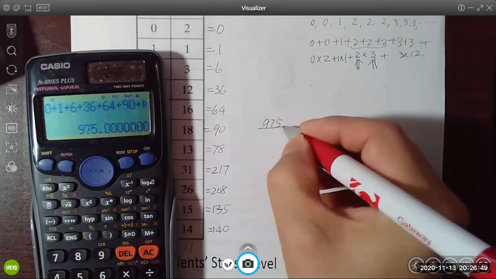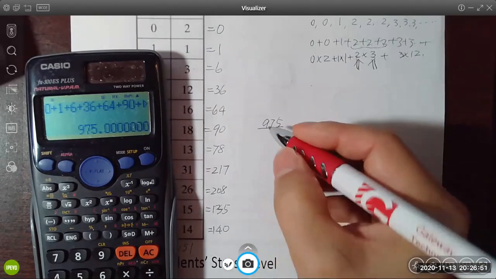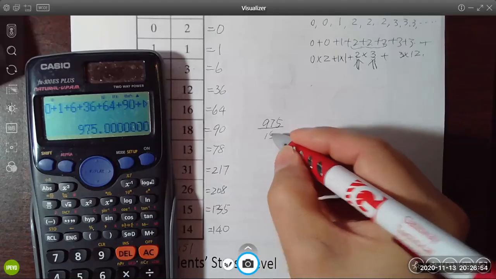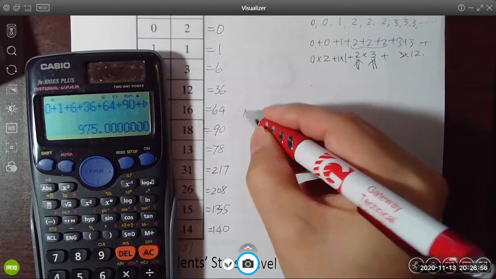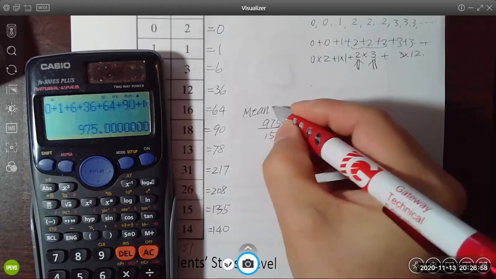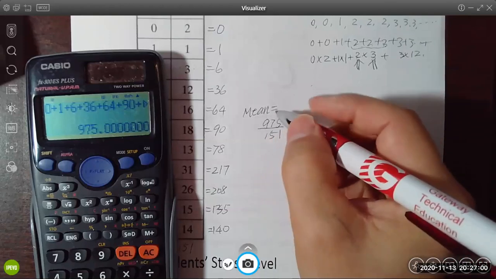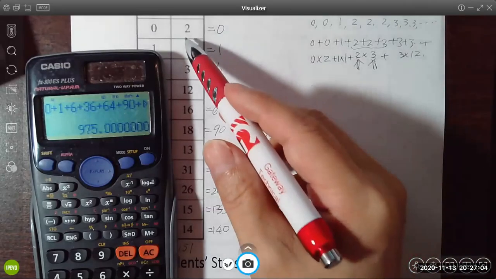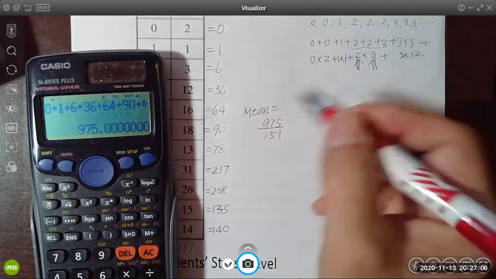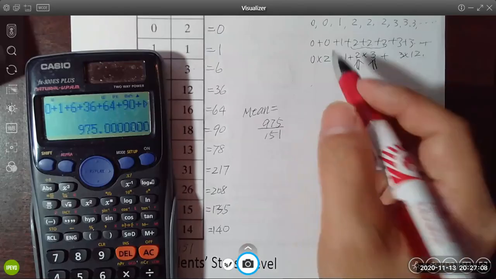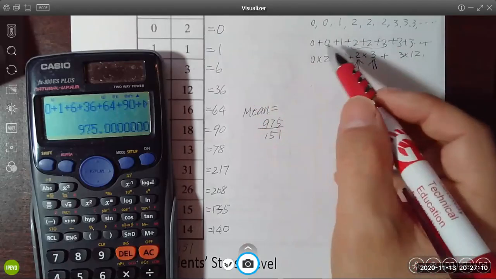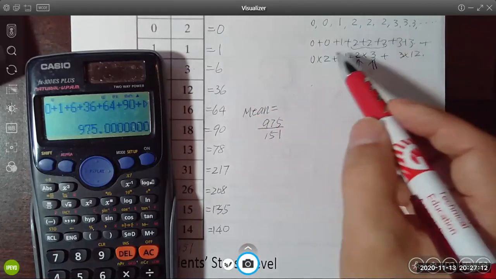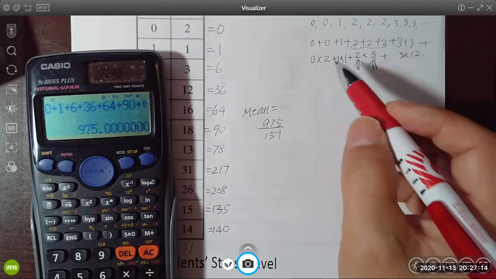So 975 divided by the number of numbers, which is 151. So this is the mean. We call it weighted mean because we use these frequencies as part of our calculation. It is equivalent to not using frequency: instead, you write all of these 151 numbers, add them together, and divide by 151.